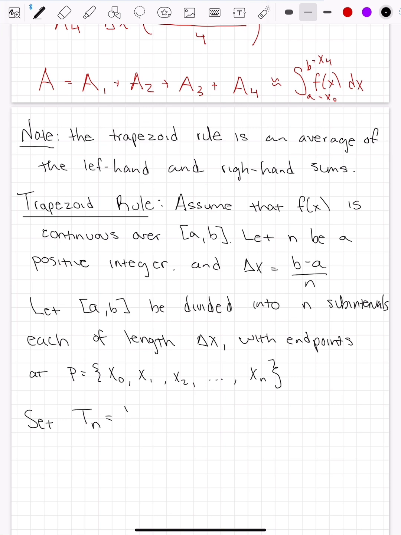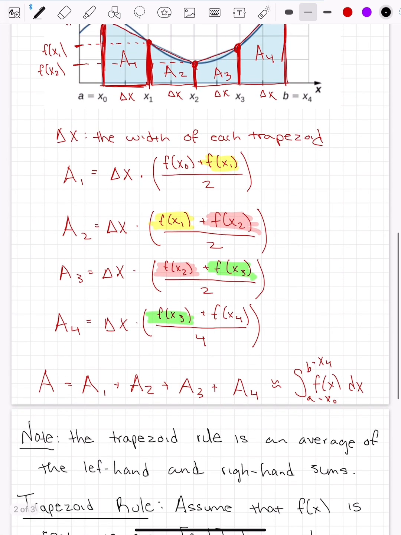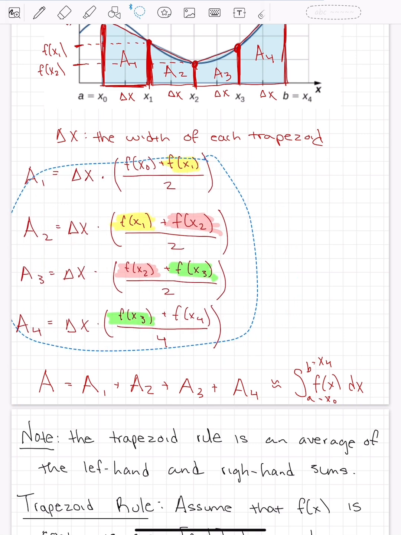Right, so right now what do we have? What we saw is that it's equal to the sum of all of these, in the case of 4 trapezoids.